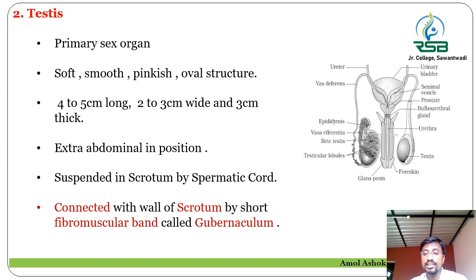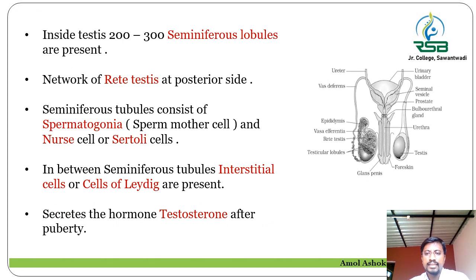Then let us come to know about the interior of this testis, which we are going to study later in the transverse section of testis, but let us know some features from the histological point of view. Inside this testis there are many, that is 200 to 300, seminiferous lobules, and at the posterior side of these lobules there is the rete testis.